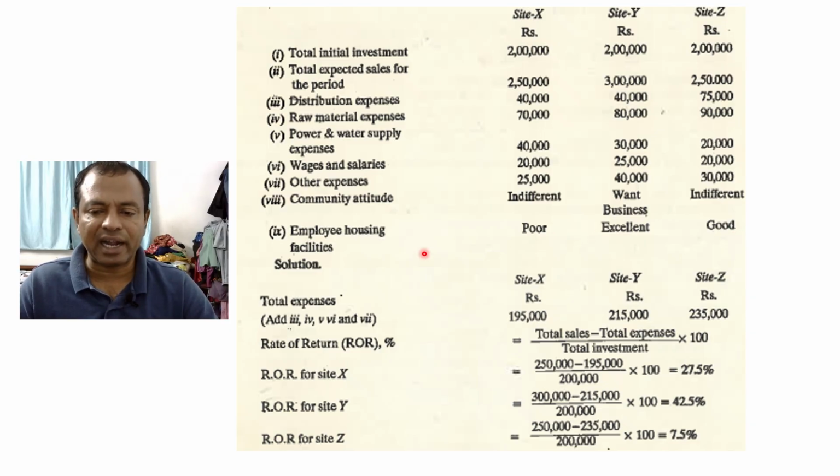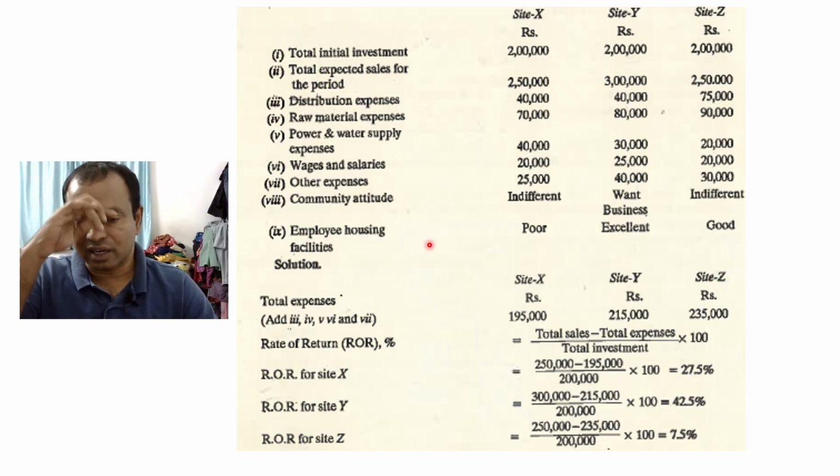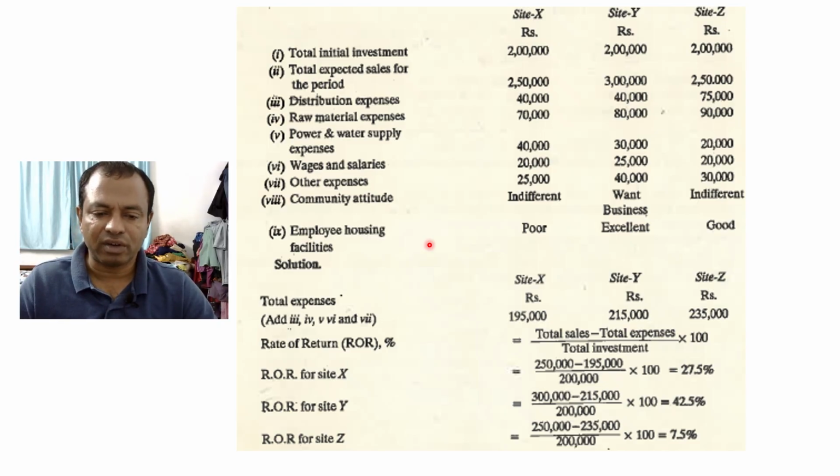But here, unlike the previous case, selection is based on the rate of return, ROR. The rate of return is calculated using the formula: total sales minus total expenses, divided by total investment, into 100. So whichever option gives the highest ROR will be chosen.